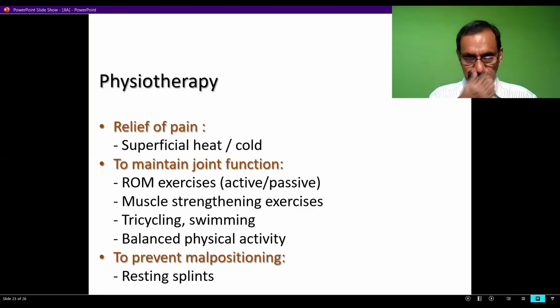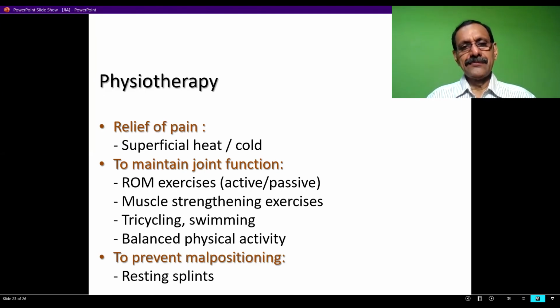And range of movement exercises, muscle strengthening exercise, that is isometric. You just contract the muscle without actually moving the joint. Then swimming is very good, because the buoyancy of the water will keep you up. So much so, the pain and range of movements are much better with swimming.